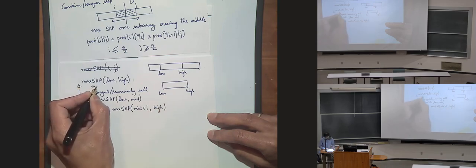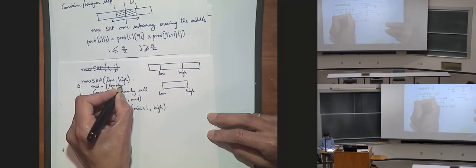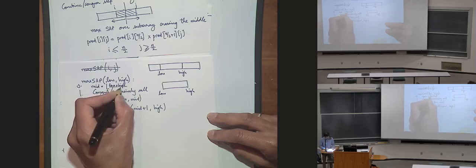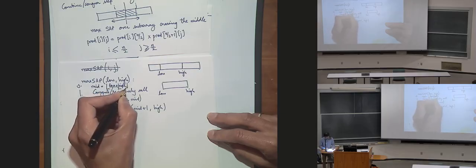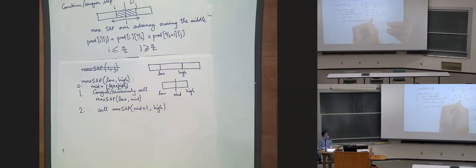I should have said mid is equal to low plus high divided by 2. Sorry, this is a bit messy. Okay? Right? So middle is just whatever that middle index is, then I make a recursive call to the left, and I make a recursive call to the right.